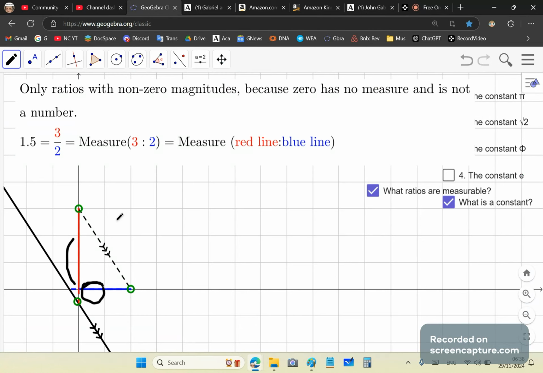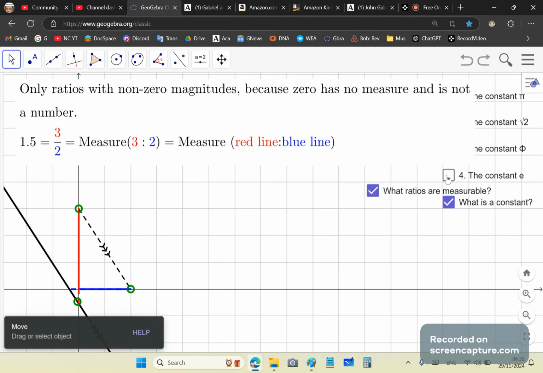That is a way we can measure a ratio. Then the antecedent is enumerated to 3 and the consequent to 2, using this as a unit of measure. And likewise, when we deal with these constants, pi, square root 2, etc., that's also what we're doing.